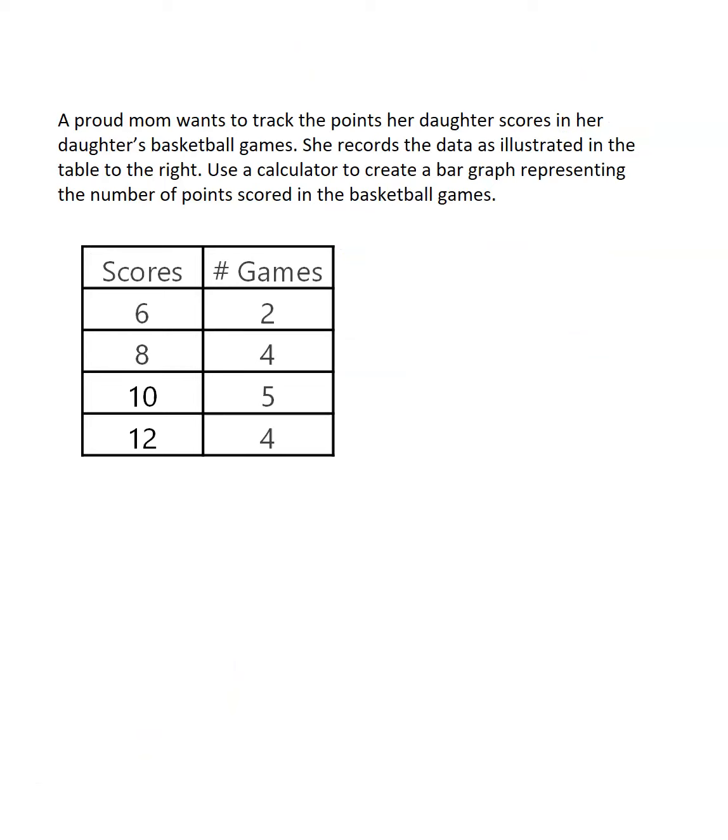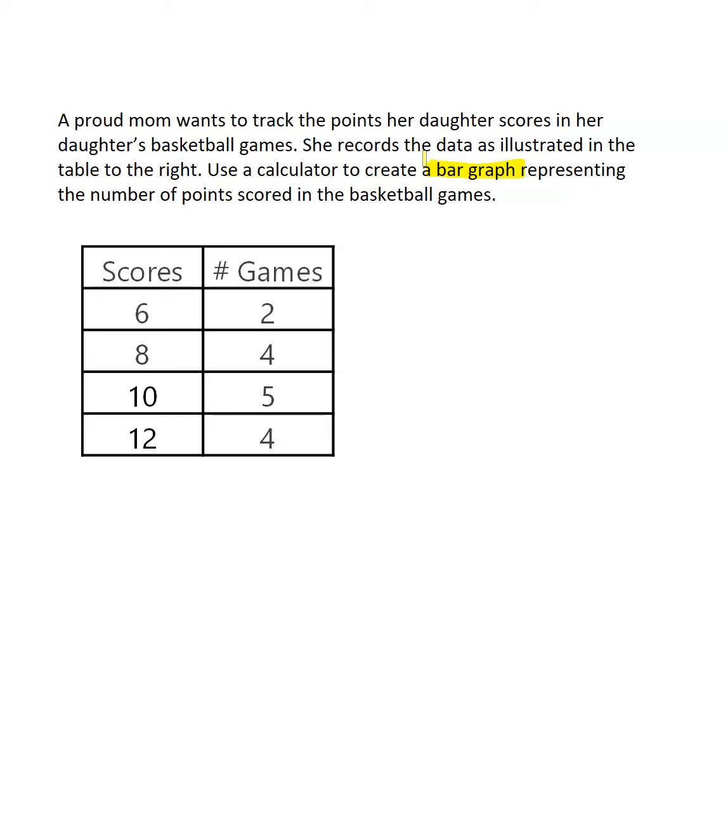A proud mom wants to track the points her daughter scores in her daughter's basketball games. She records the data as illustrated in the table. Use a calculator to create a bar graph representing the number of points scored in the basketball games. Okay, so they want us to create a bar graph. If they specify more details, then we will know exactly how we want to create the bars. But for now, the bars would be drawn using the histogram option that we have.